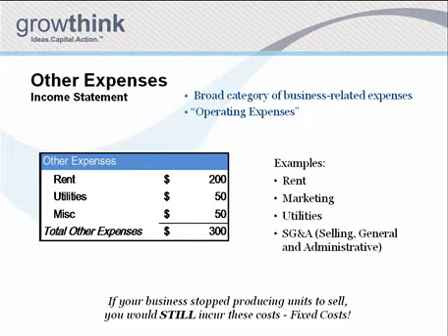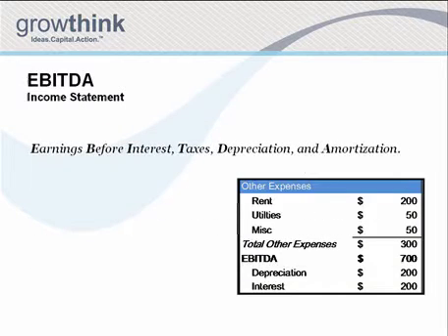Now, moving down our income statement, the next key factor we come across is our EBITDA. So we just figured out our total other expenses, and then below that we have our EBITDA, and that stands for earnings before interest, taxes, depreciation, and amortization.